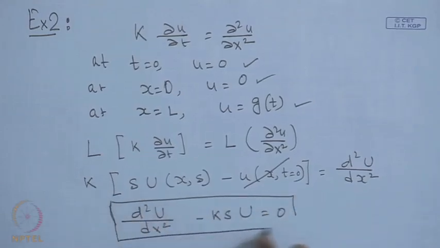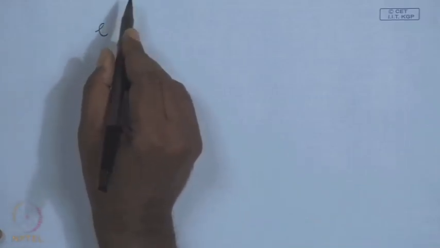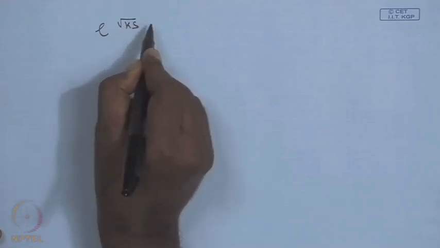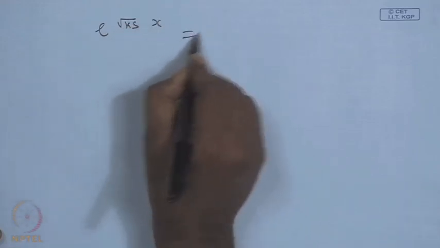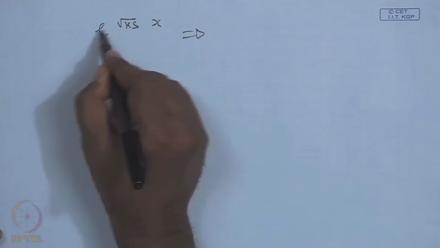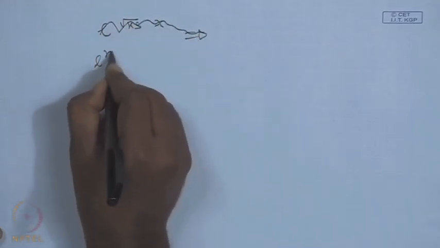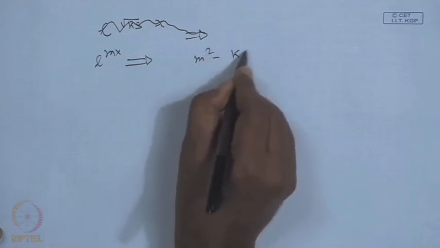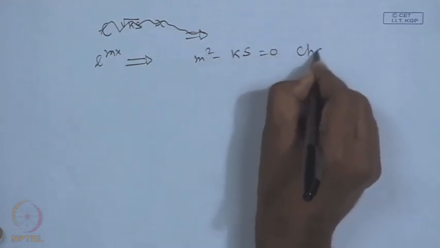This is the governing equation, and if you look, this equation is a homogeneous second order ordinary differential equation, and we know the solution. The form of the solution will be e to the power m x, and then we will be getting m square minus k s is equal to 0 as the characteristic equation.